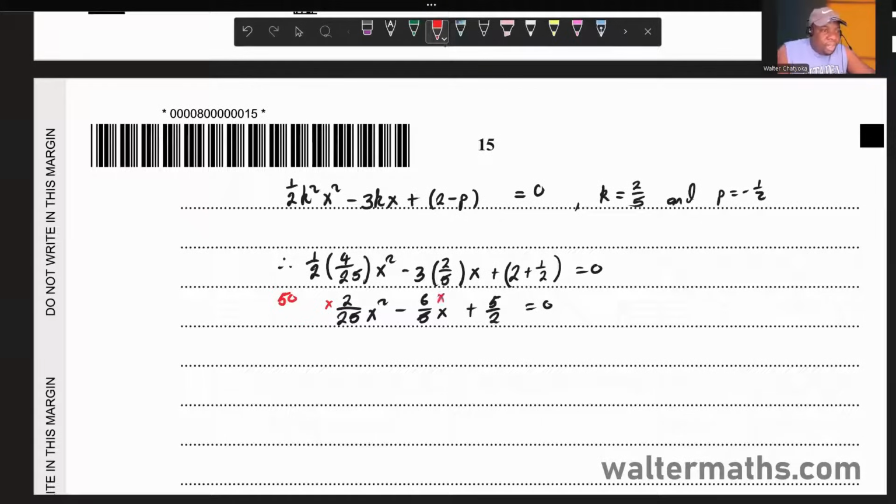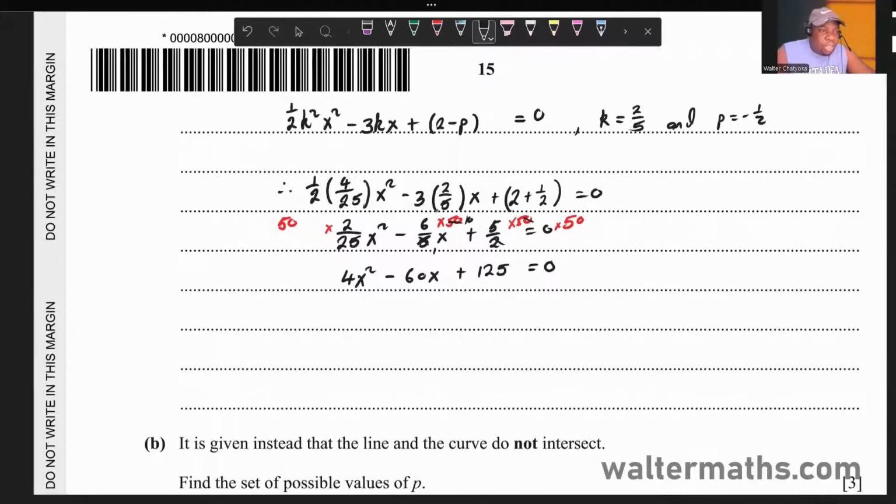And if we do, we'll be having here 4x squared minus, we know 5 goes into here 10 times, so that's 60x, and that's going to be plus 125 equal to 0. All right. So with what we have right now, we can actually factorize this quadratic.